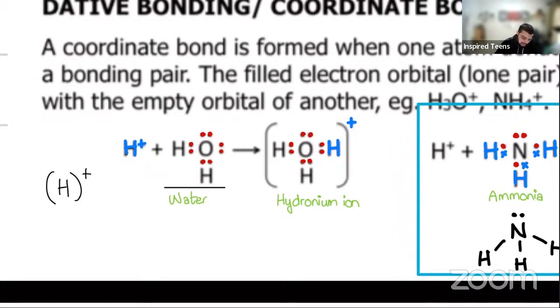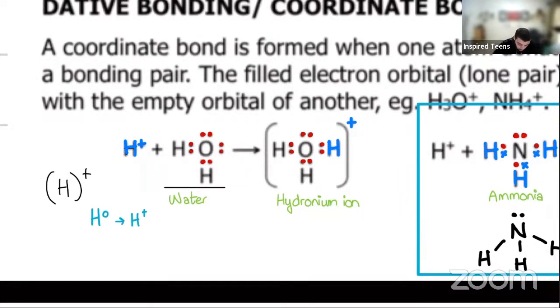Remember, hydrogen as it is only has 1 electron. The plus indicates to us that it has lost an electron. That's why it became positively charged. So this poor guy doesn't even have an electron, so it becomes H plus with no electrons. So when it takes part in covalent bonding, he has nothing to donate.